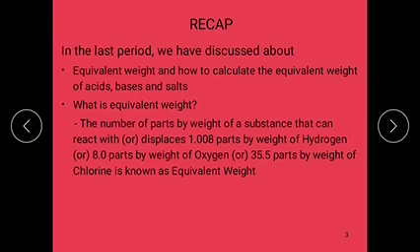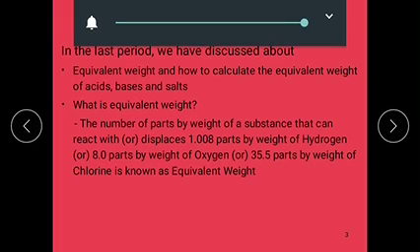Okay, those are the different classifications of the solutions based on the physical state.